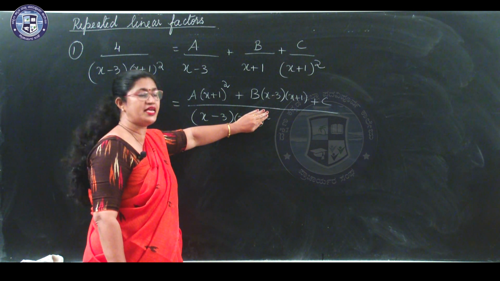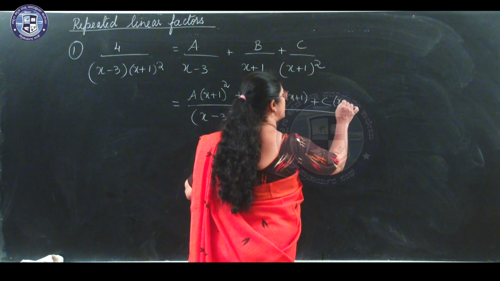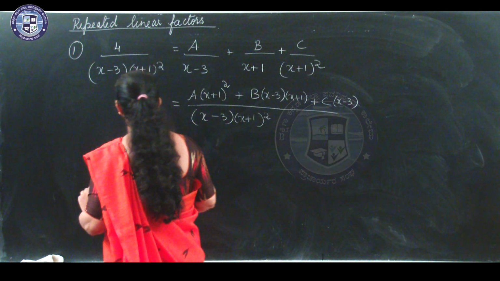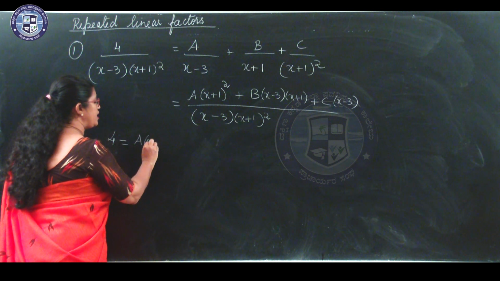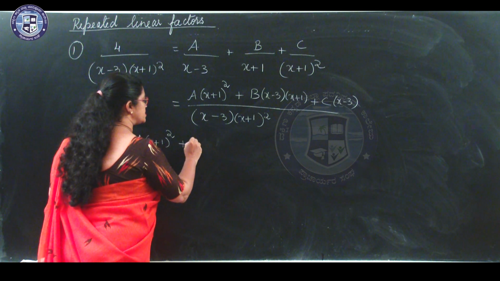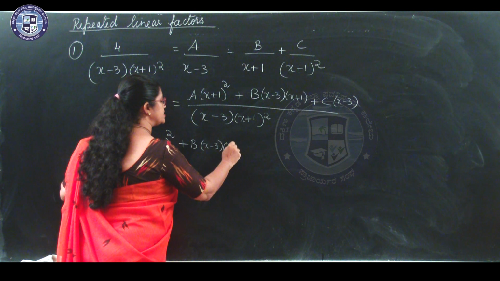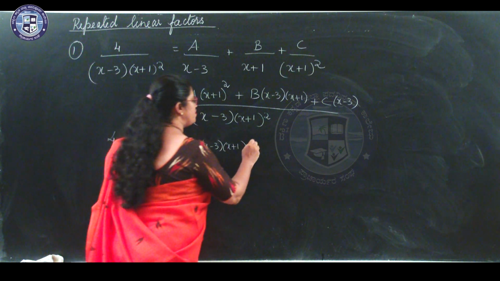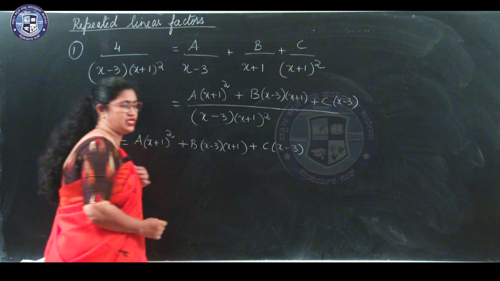So, what is not there? (x minus 3) is not there. So, C into (x minus 3). Equate the numerators. 4 is equal to A into (x plus 1) the whole square plus B into (x minus 3)(x plus 1) plus C into (x minus 3).